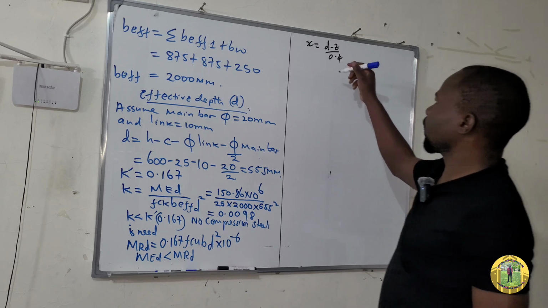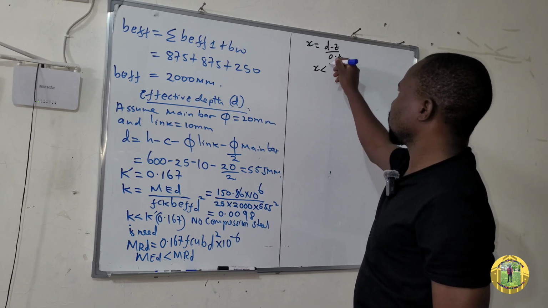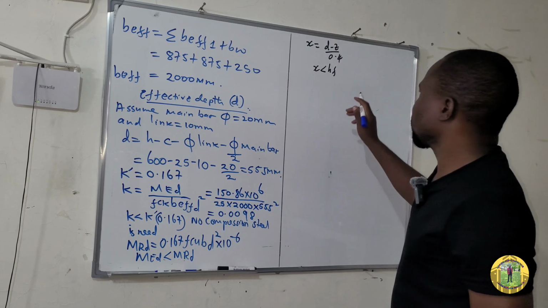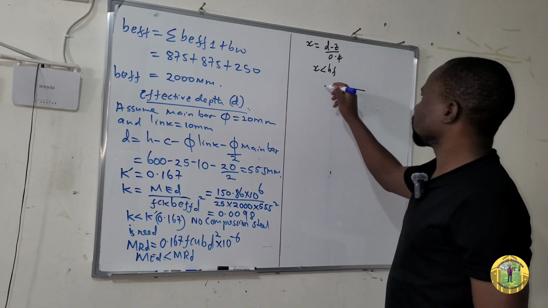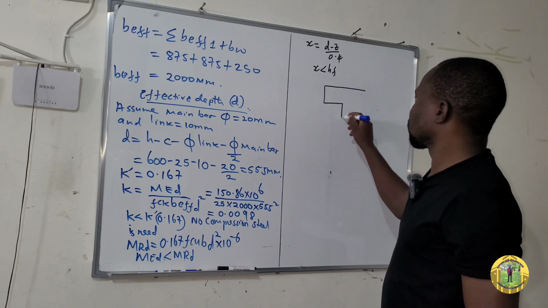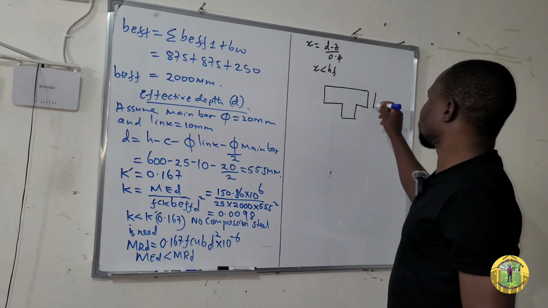Remember, if X is less than HF, whereby HF is the thickness of the slab, so this is HF.